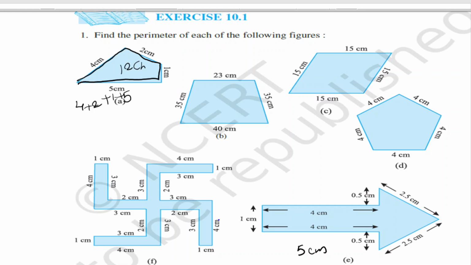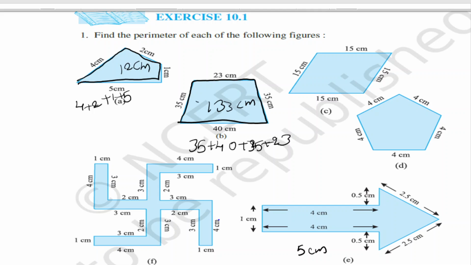This is 12 centimeters, and here this is 35 plus 23 plus 35 plus 40. The perimeter is nothing but 35 plus 40 plus 35 plus 23, that is nothing but 133 centimeters.